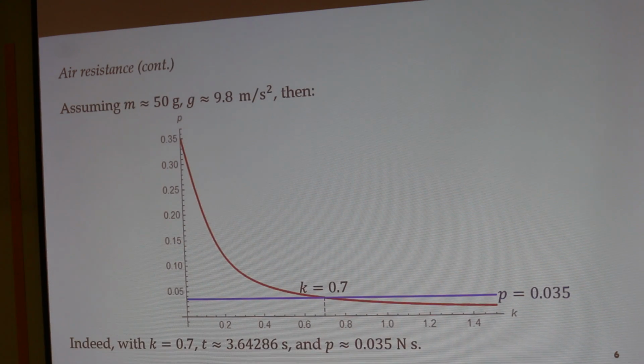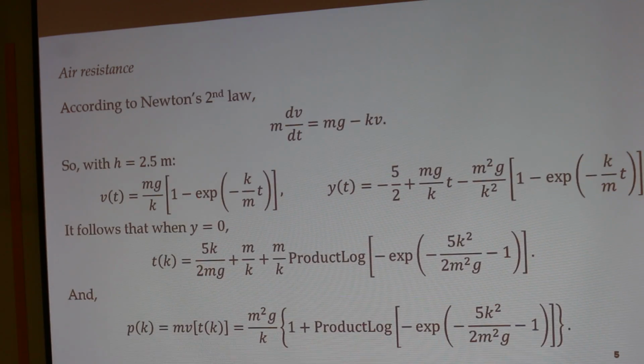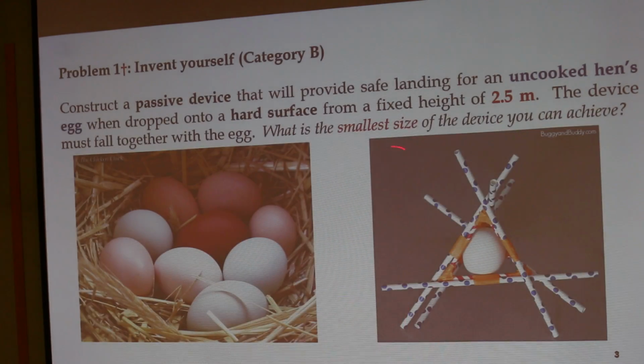Then you have to ask, if I need something that has this K value, so that when it comes to the ground the momentum is 0.035 Newton second, this will be the K value that I need. If you design something, what will be the size of a parachute, such that over 2.5 meters you will come to this momentum? That is why, if you look back at the question, it says smaller size.